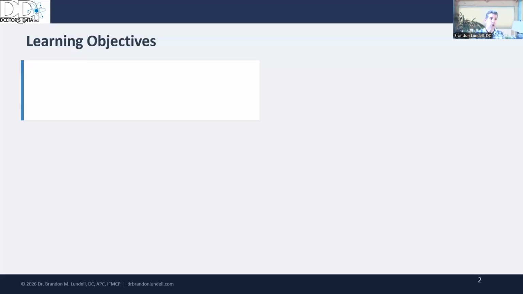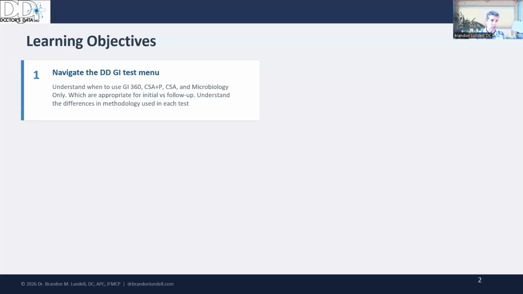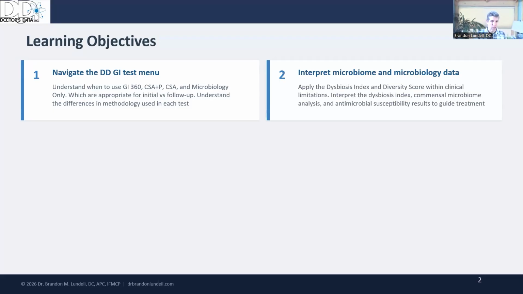So the first learning objective is navigating the Doctor's Data GI test menu, which is robust, and that's great. Then we'll dive into how to interpret the microbiome and microbiology data, what the dysbiosis index and diversity score are, and what they aren't.